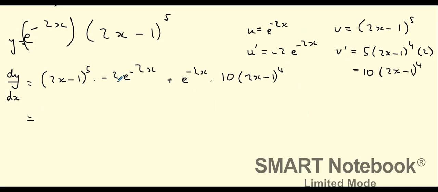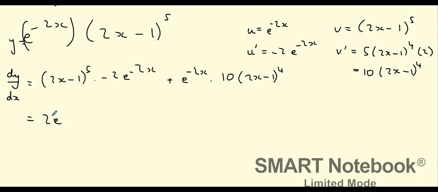I didn't say you had to have it in a factorized version or anything like that, so you could have essentially just written it in a nicer version. So I'm going to take the numbers to the front and maybe I'll write e's at the front as well.